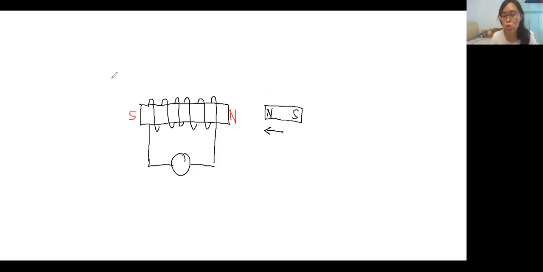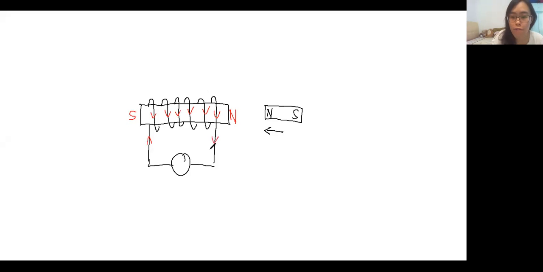Then you use your right hand grip rule to identify the direction of the current in this part. North to south, north. This finger always points to the north part. Can you tell me the arrow in this part should be going down or going up? Down, correct. So this part is going up, this part is going down.